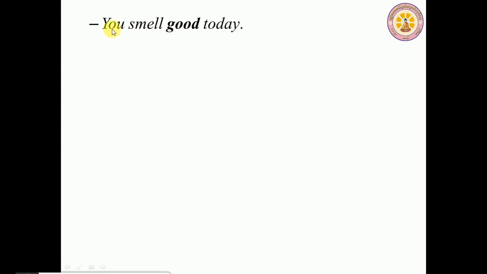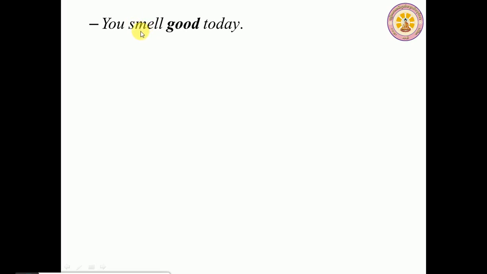Okay, one more. You smell good today. We use the adjective good after the verb smell, because smell is a linking verb.